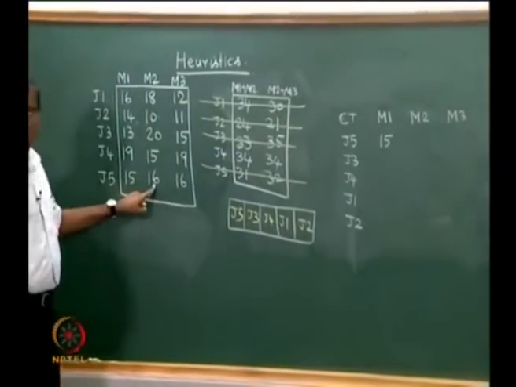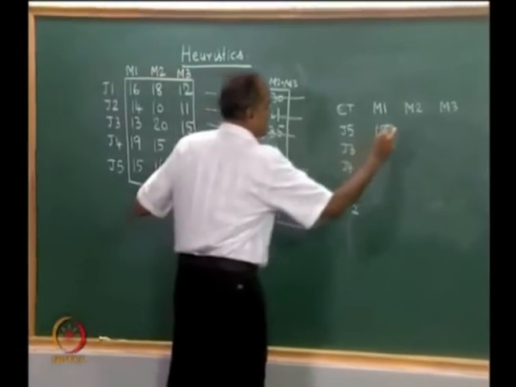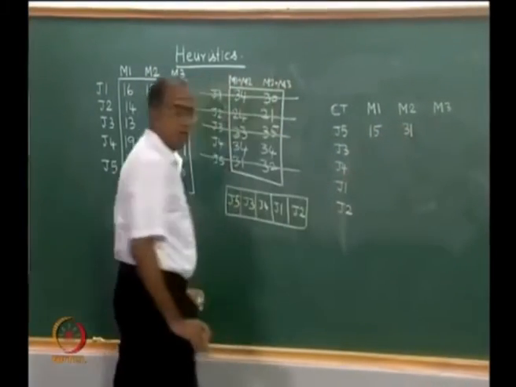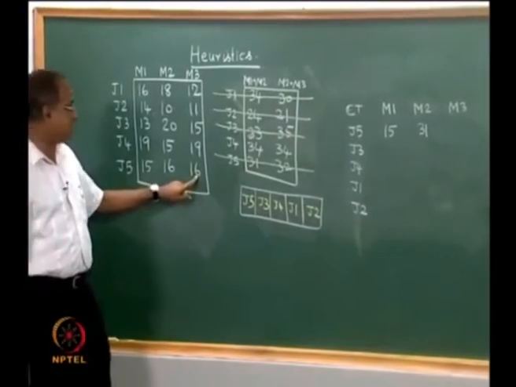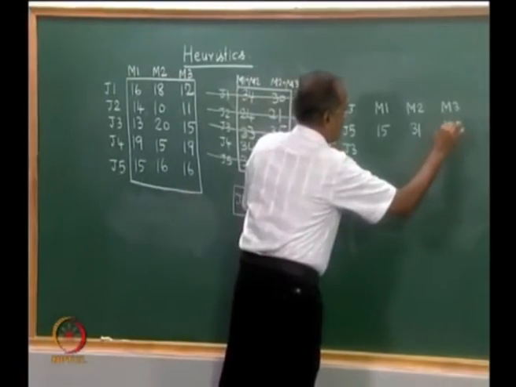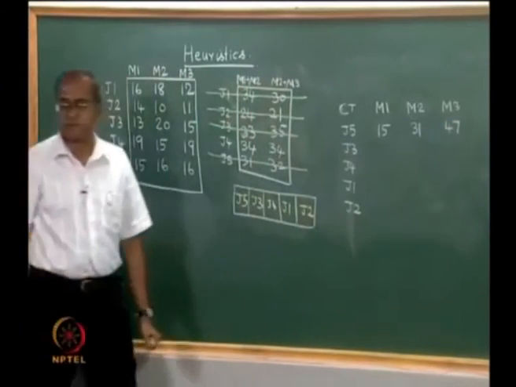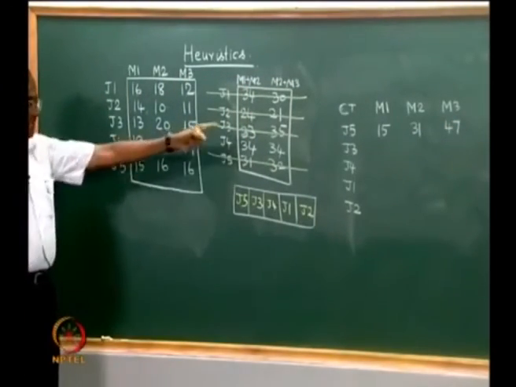At 15 it goes to M2, comes out at 31, 15 plus 16, 31. At 31 it goes to M3, takes another 16 and comes out at 47. Now J3 is the next one.